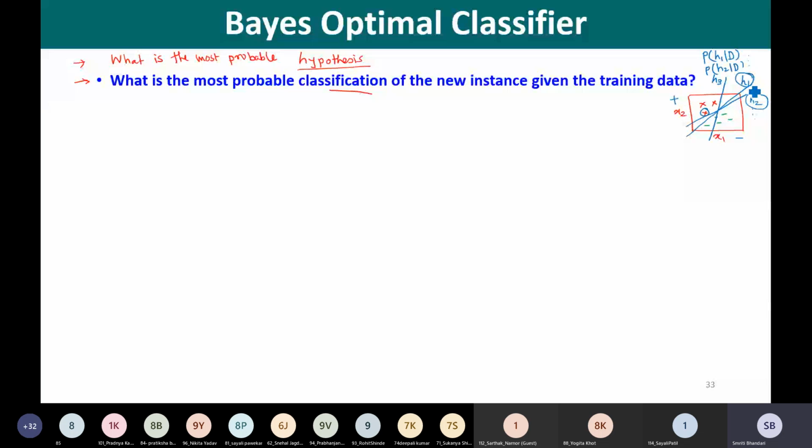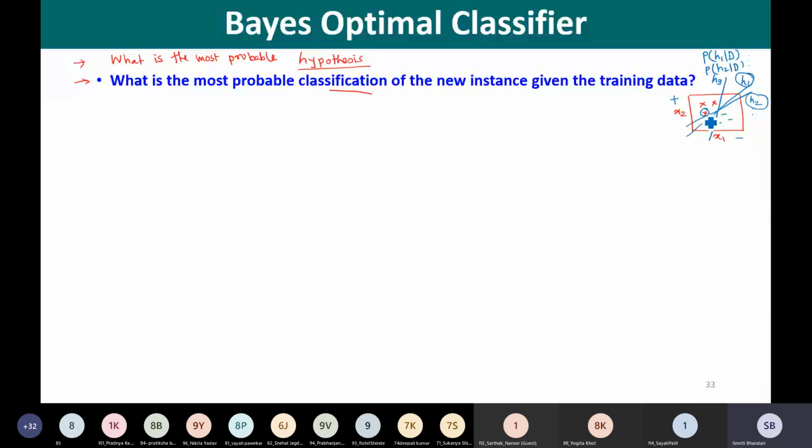Suppose red is positive and green is the negative class. So, if I pick this hypothesis H1, this instance will be classified as positive. If I pick H2, once again, this instance will be classified as positive. If I pick H3, then also this will be classified as positive.